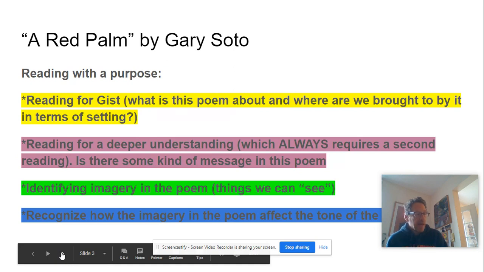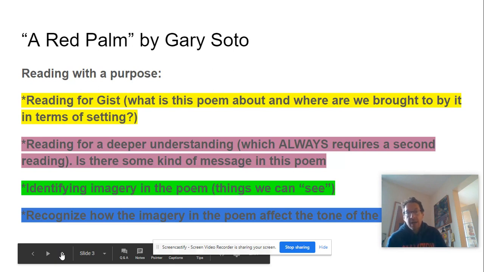First of all, as we read everything, we read for gist, just a general understanding. What is this poem about, and where are we brought to by it in terms of setting? In other words, we start reading something, we're understanding where we are. What do I know about these places? If a poem takes place on a farm, what do I know about a farm?